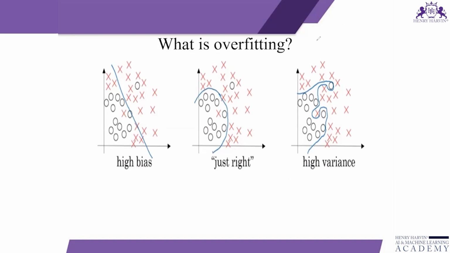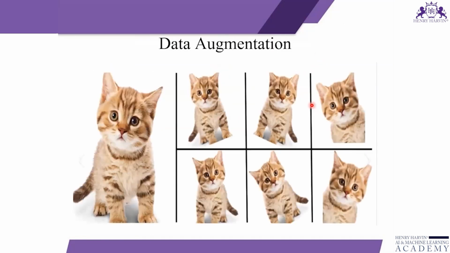So let us understand what data augmentation is now, right? Data augmentation is a process of generating new data from existing data. If you see, you can see some cat images.